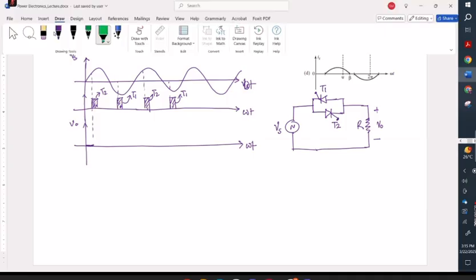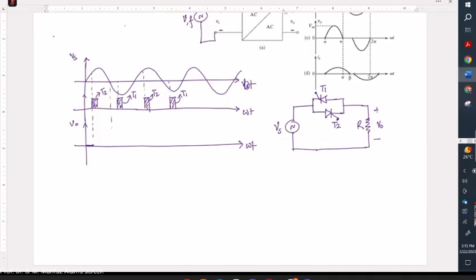So in that case, your output waveform will be similar to your input waveform like this. Suppose we consider this to be my alpha delay angle, and this is also 180 degrees plus alpha. We are providing gate pulses for T2 and T1.